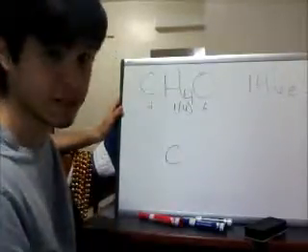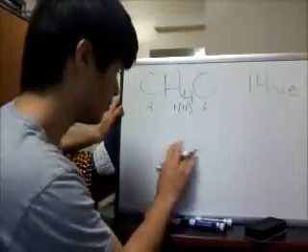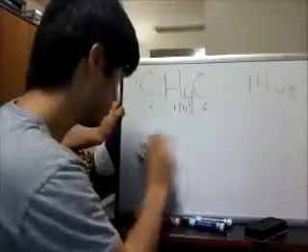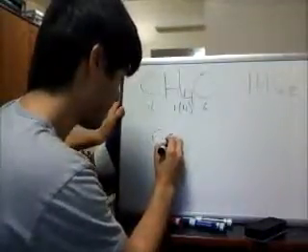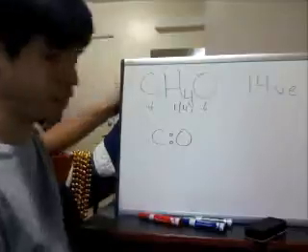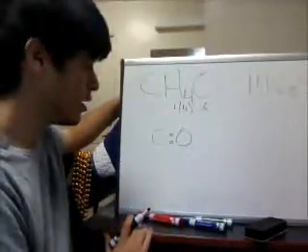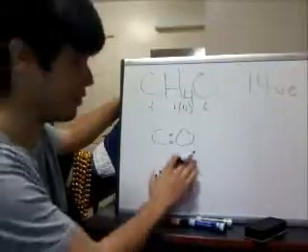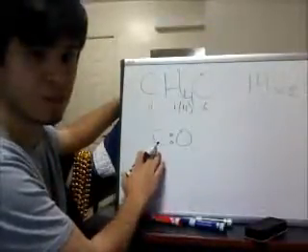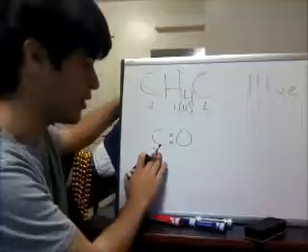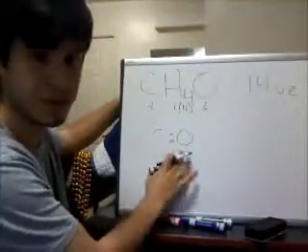So let's start by bonding the carbon and the oxygen together. And we can add the hydrogens around the carbon and the oxygen. You can add either 3 to the oxygen, 1 to the carbon, 3 to the carbon, 1 to the oxygen, or 2 each.